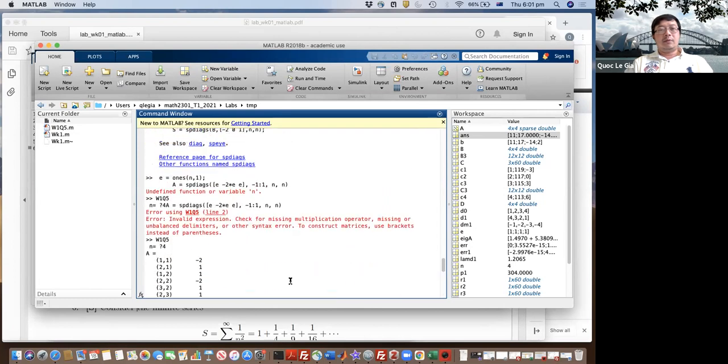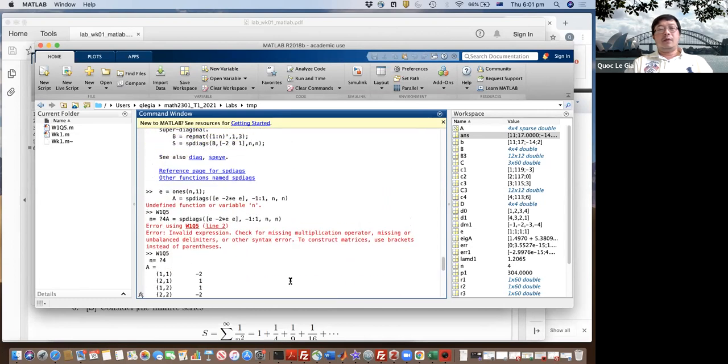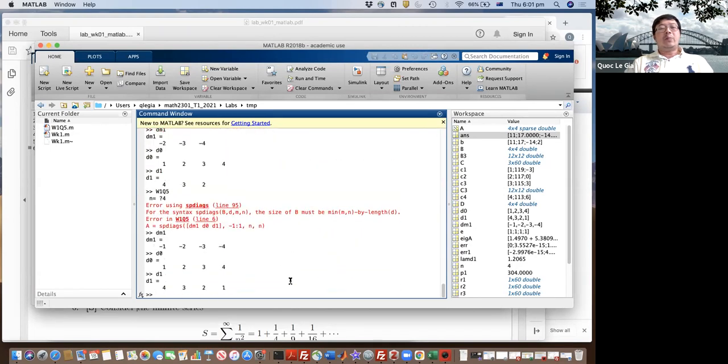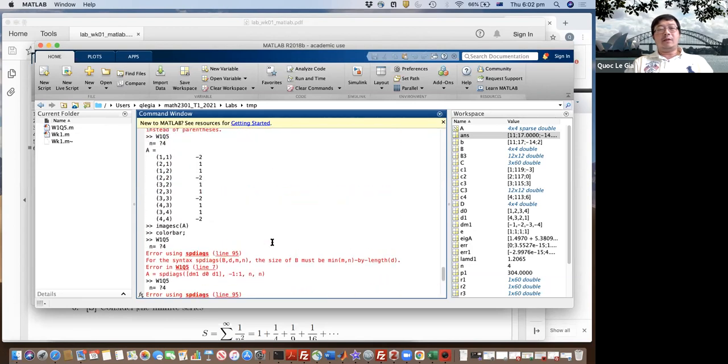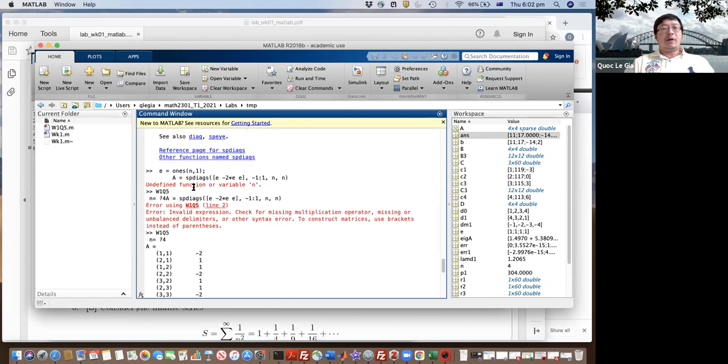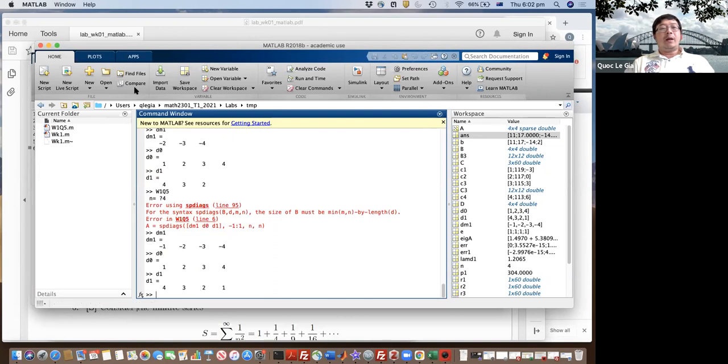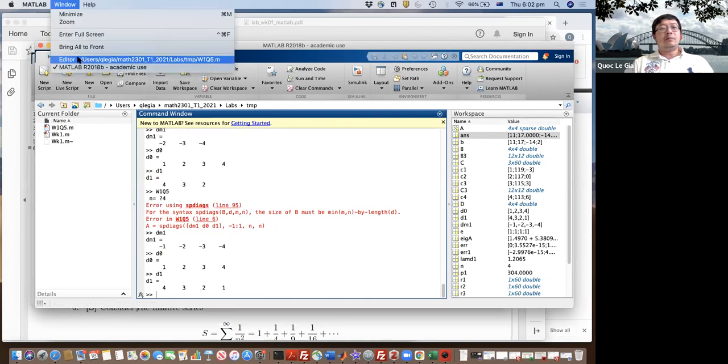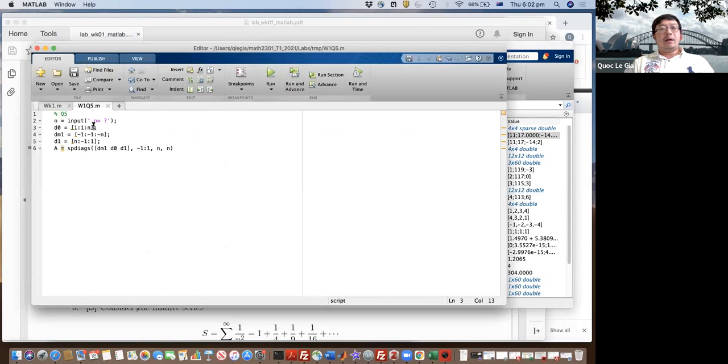Strange. It has to be column vectors, not row vectors. If you look at the example, it should be column vectors. So we change it again, make it column vectors, and run it.